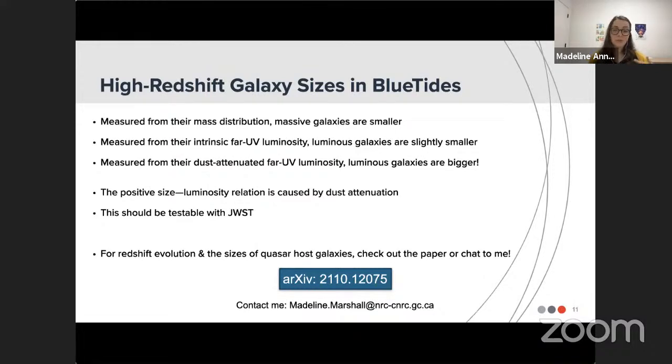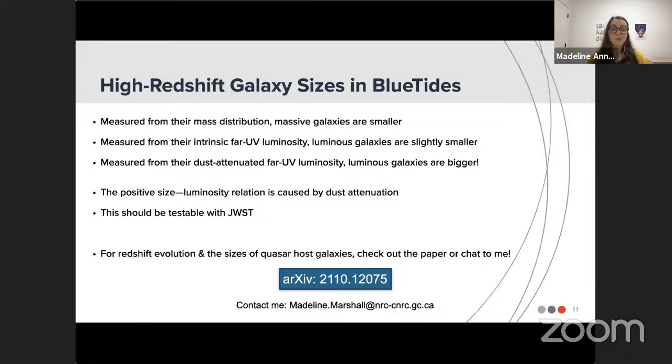If we measure their sizes from their intrinsic far UV luminosity distribution, we find again that luminous galaxies are slightly smaller. However, if we consider their dust attenuated far UV luminosity, we find that luminous galaxies are bigger. And so this implies that the positive size luminosity relation in BlueTides is caused by dust attenuation.